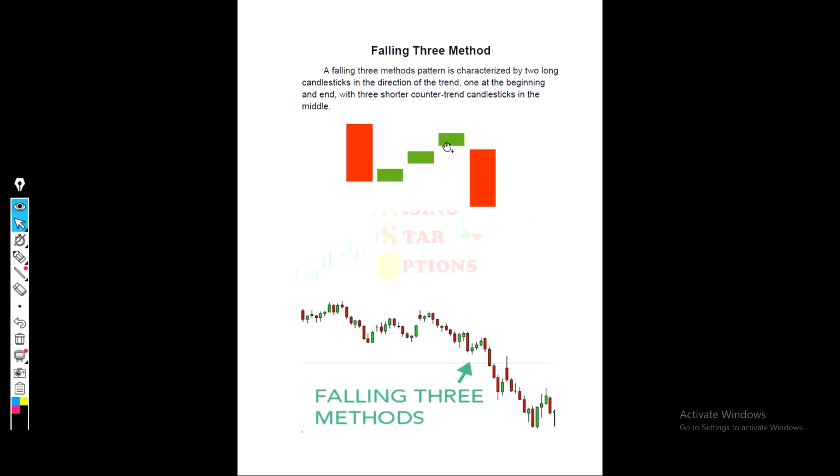Three consecutive green candles will come near the resistance level of the red candle, and after that one more red candle will come, taking out the low of the very first candle. Such a method we call the falling three method.